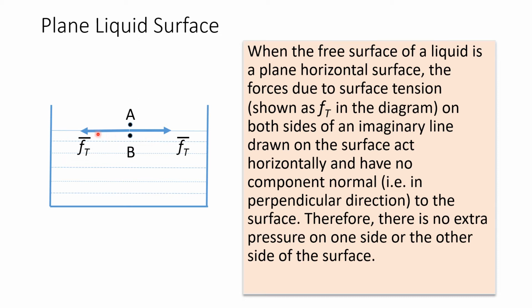These forces act horizontally. They do not have any component normal to the surface of the liquid, that is, any component in a perpendicular direction, and therefore there is no extra pressure on either side of the liquid. Therefore the pressure on both sides of the liquid is the same, and there is no extra pressure on one side or the other.